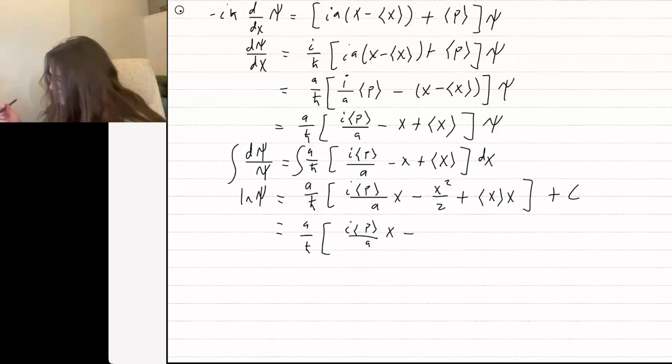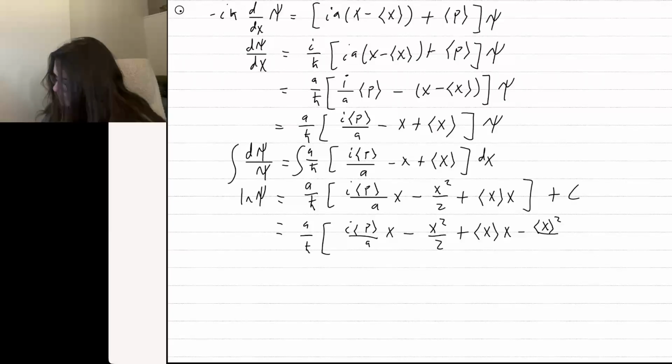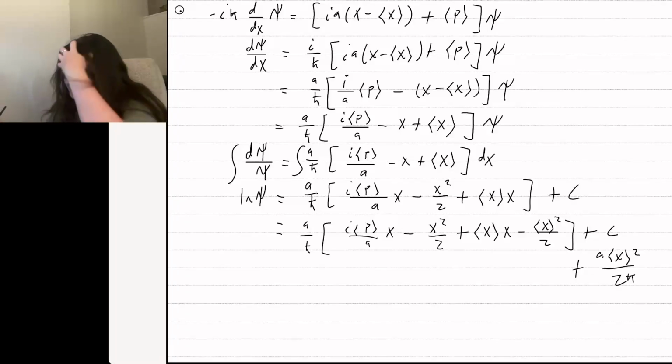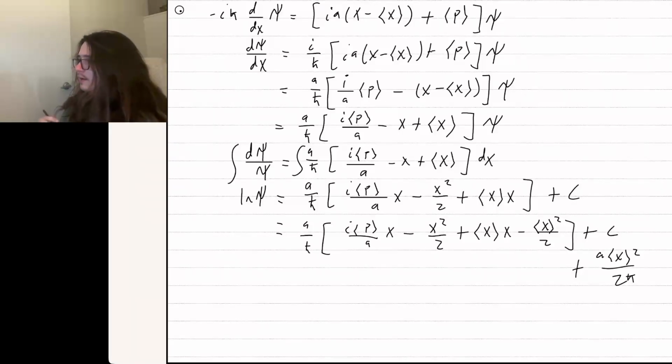So we have minus x squared over 2 plus expectation value of x times x minus expectation value of x squared over 2 inside the brackets plus c, and then we'll also have to add on plus A expectation value of x squared over 2 h bar on the outside, because we completed the square pretty much.